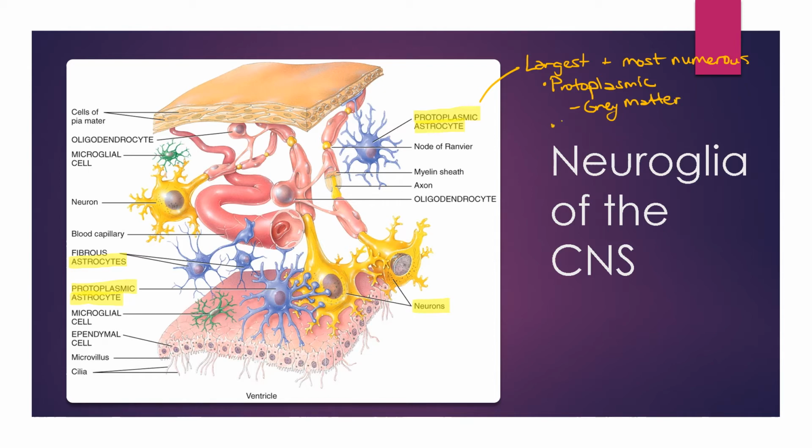And then there are the fibrous astrocytes. We can see one right here. Fibrous astrocytes have many long, unbranched processes, and they are located mostly in white matter.